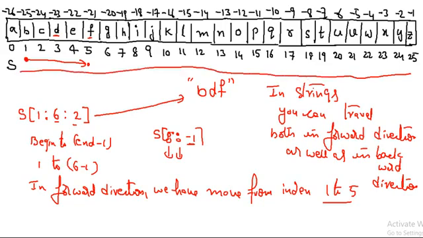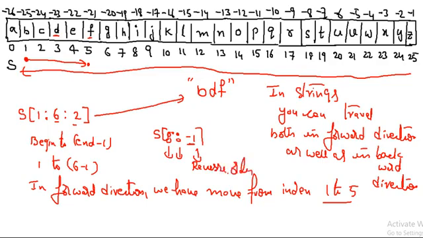That means you will start at index minus 1 and reach up to index minus 26. So all the values in the string will be printed in reverse order. That means S colon colon minus 1 is printing the string in reverse order.